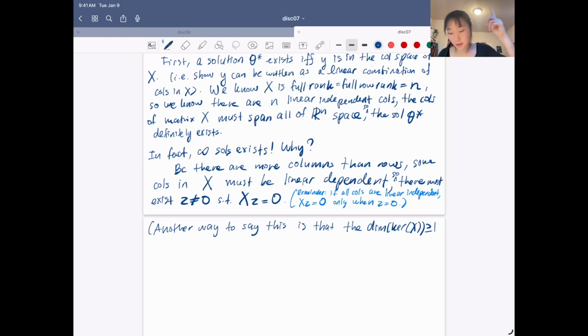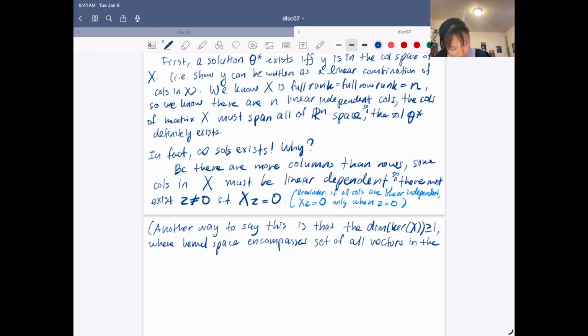And we also talked about this in our earlier notes. This is where the kernel space encompasses the set of all vectors in the input space that map to 0.